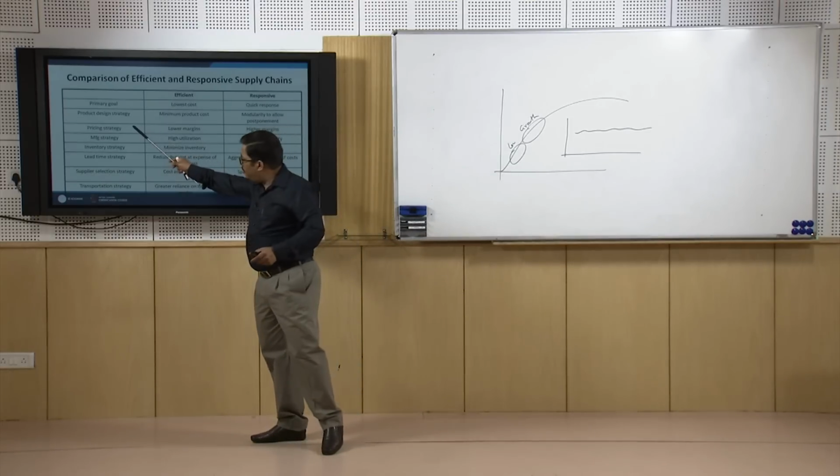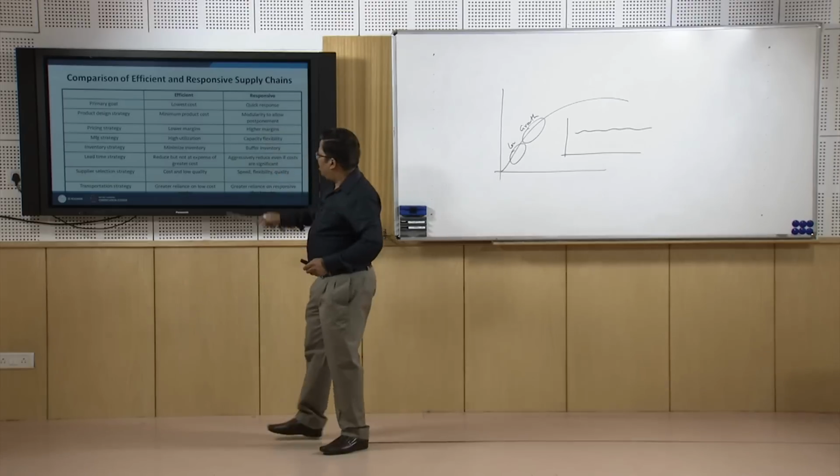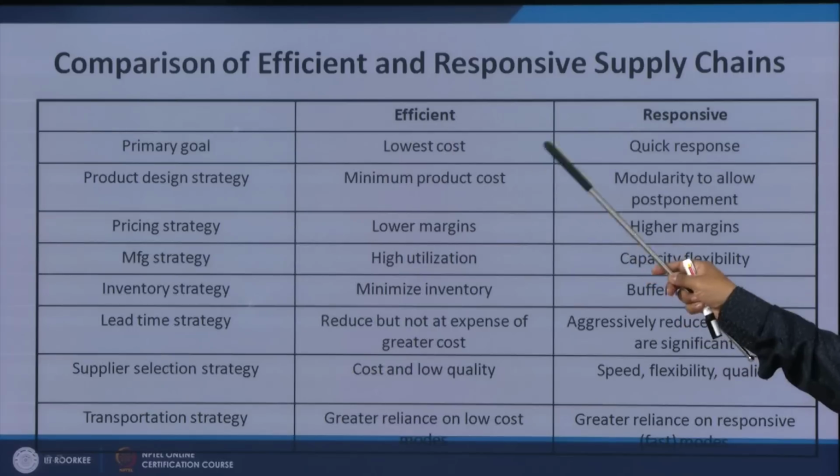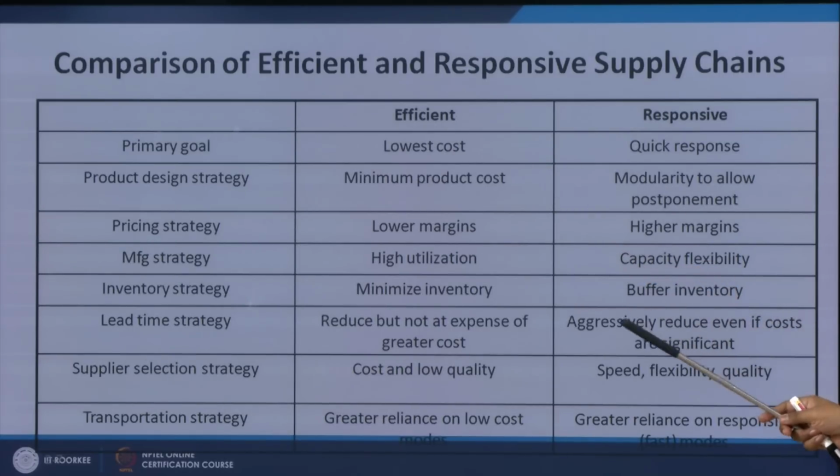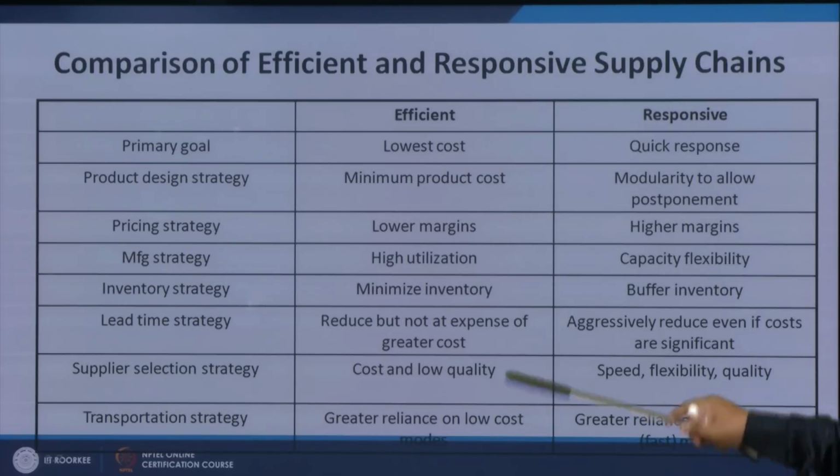Then with respect to product design strategy, because the primary objective is clear, the rest of the things will be guided by these primary objectives. In the case of efficient supply chains, all the things are guided by maximum utilization and low cost.